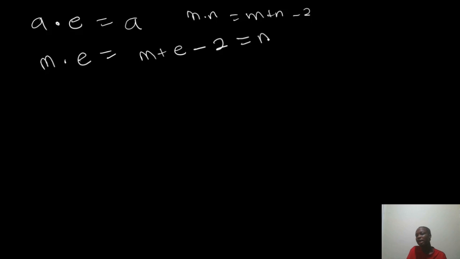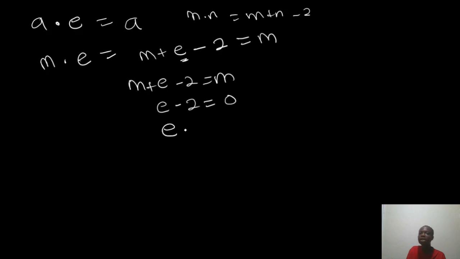Our main aim is to find e. So m plus e minus 2 is equal to m. If you bring this m to the other side, we get e minus 2 is equal to m minus m, which is 0. So e minus 2 is 0, which means e is 2. So our identity element for the dot is 2.